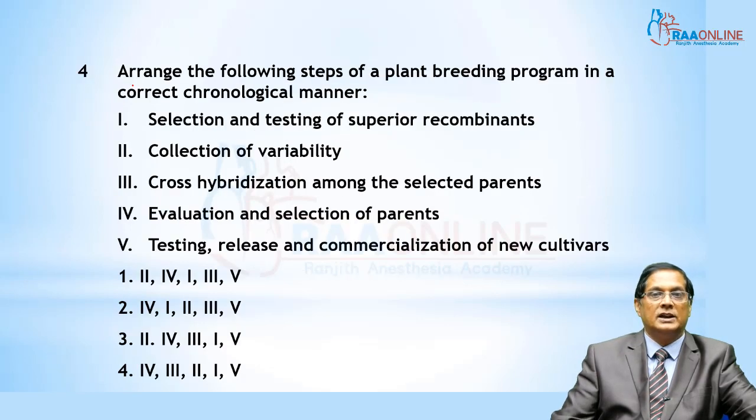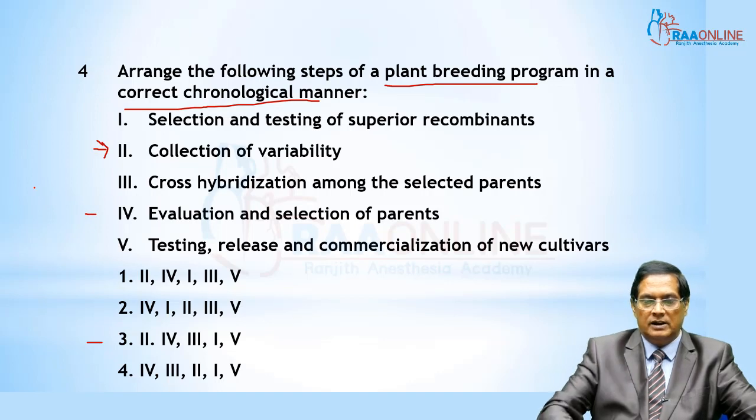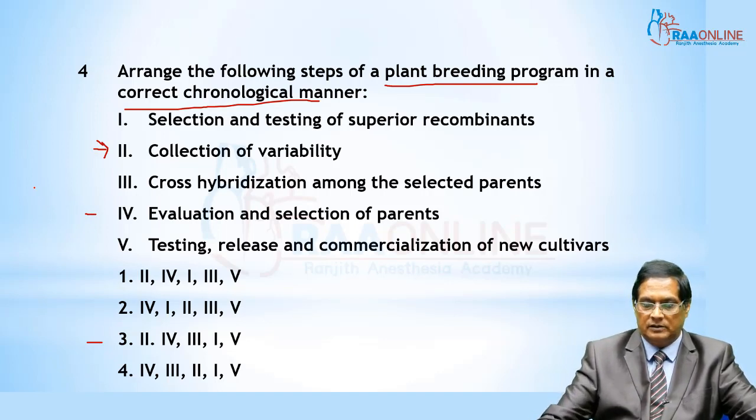Question number 4, arrange the following steps of plant breeding program in correct chronological order. First one definitely collection of variability. Then after collection, evaluation is done. Then after evaluation, crossing is done.